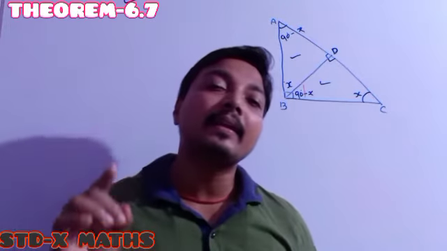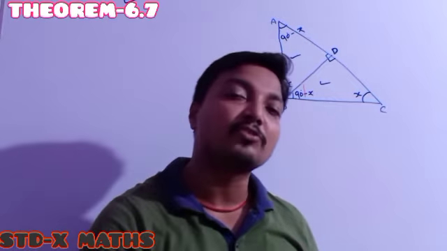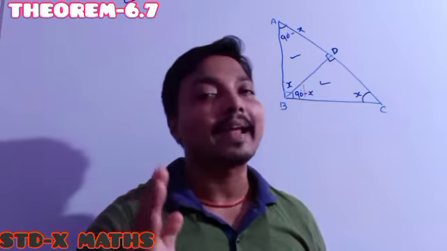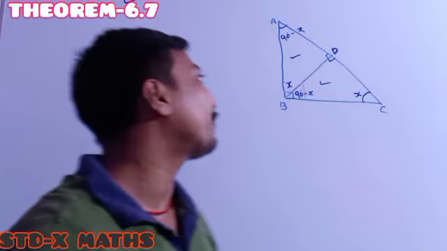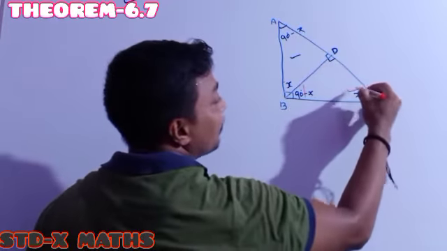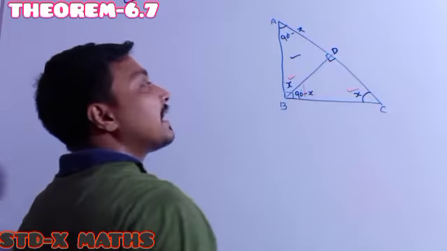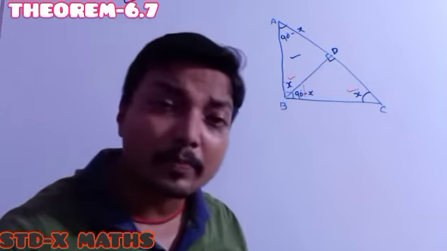Otherwise, by the AAA similarity criterion also we can show that both the triangles are similar. See, for which I am matching. Just here, the x angle of this triangle is the same as the x angle of this triangle. First point perfectly understood.